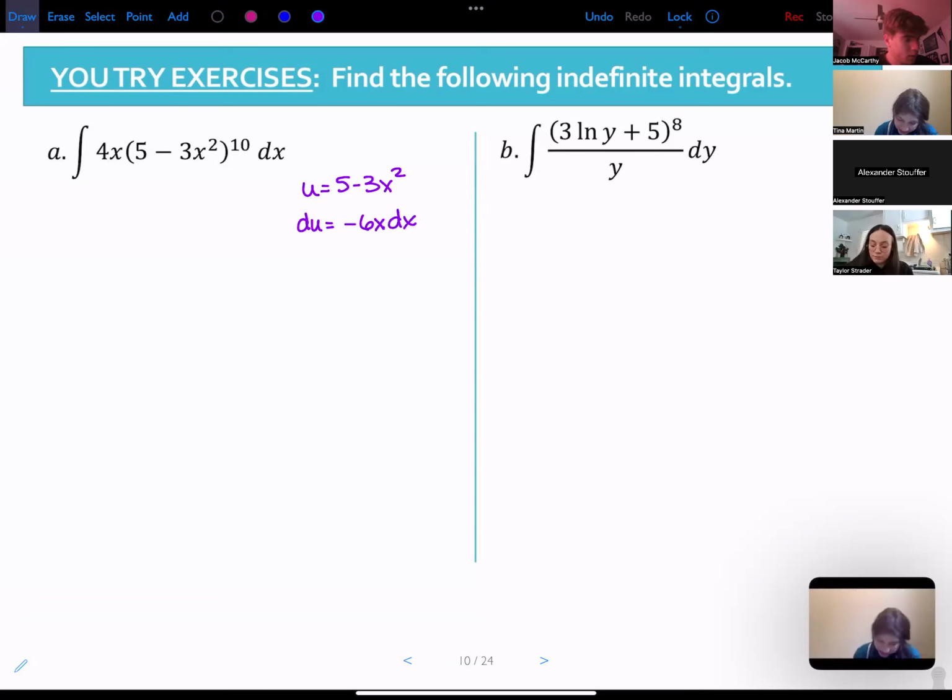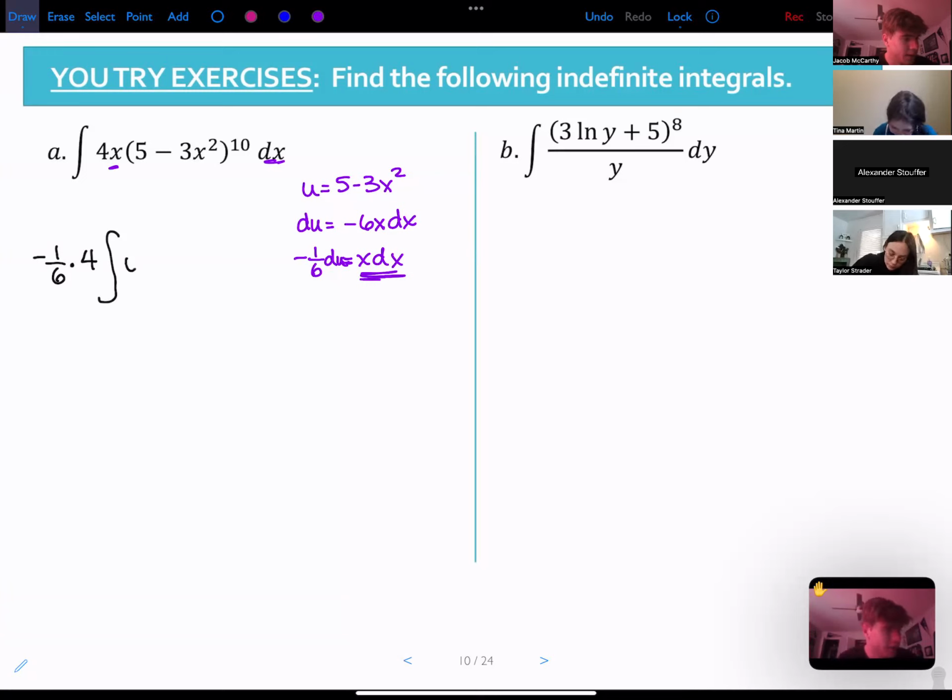I love it. And then I took the inverse on the other side, so negative 1/6 du is equal to x dx. Perfect. And then I did negative 1/6 times 4. I took the 4 out of the integral and brought those to the outside, and then I just had u to the 10th du on the inside.